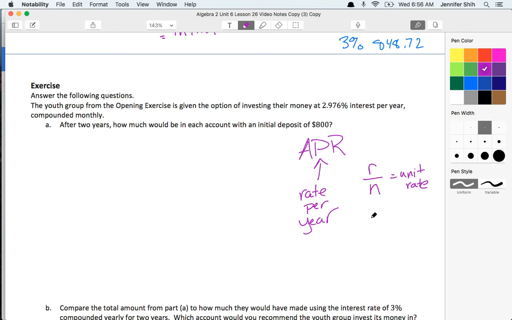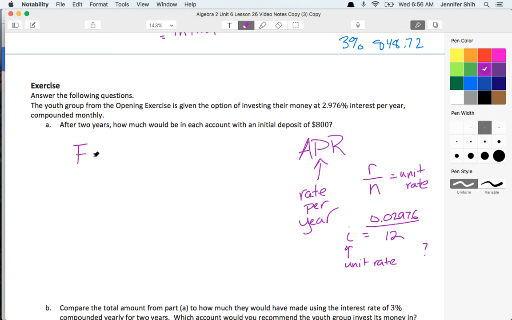So in this case, our rate is 0.02976, and the number of times we are going to compound our money is 12 times in the year. And we're going to do it for 2 years. So this is going to be our I, or our unit rate. If you have questions on this is where you ask your teacher the next day, because this is going to come up a lot.